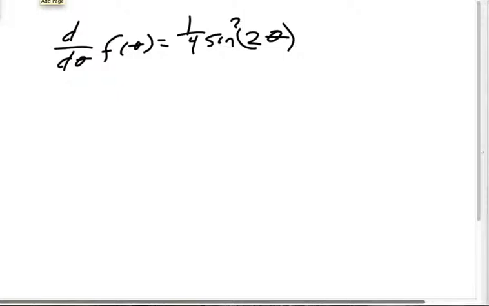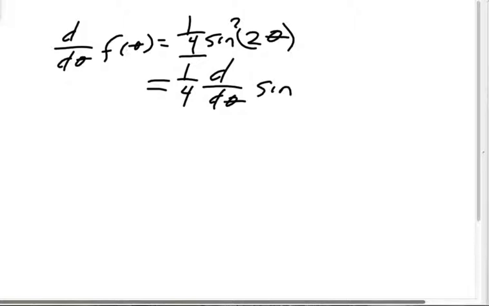Not a problem. We treat theta just like we did an x. First thing we notice is we've got to pull my 1/4 out. I have 1/4, and then I need to find the derivative with respect to theta of sine of 2 theta squared.